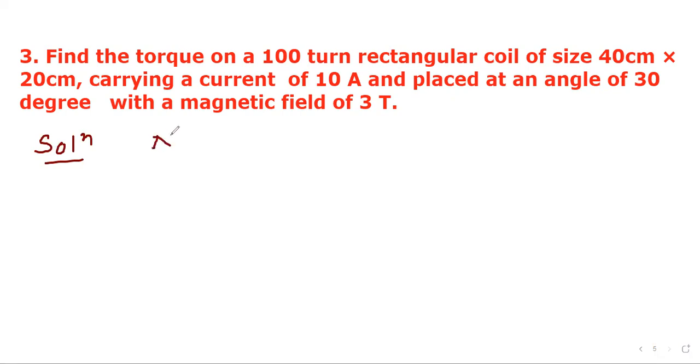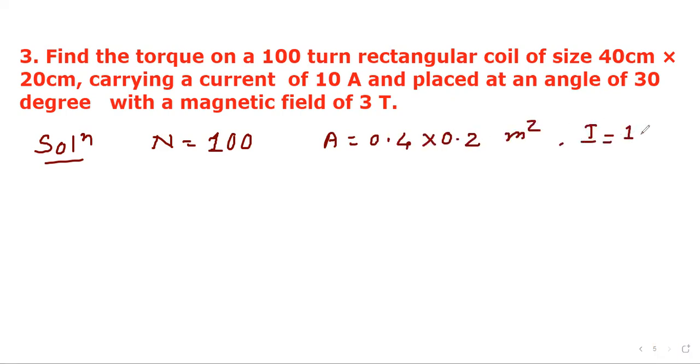We are given N equal to 100. Area will be 0.4 multiplied by 0.2 meter square. I is given as 10 ampere, and here alpha is given as 30. B is given as 3 Tesla.